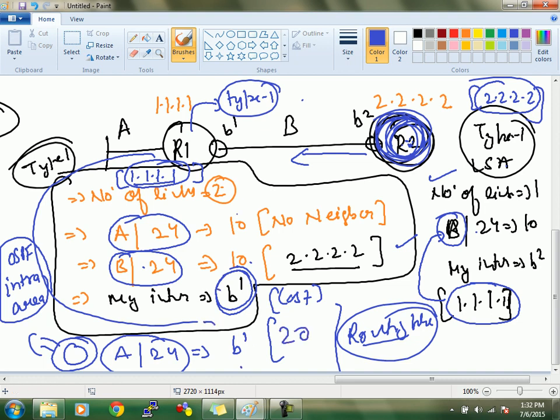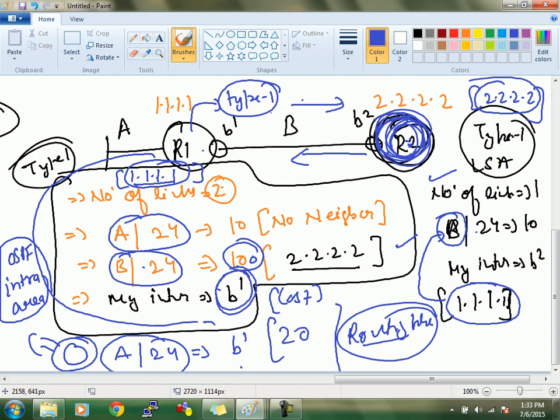But if R1 is forwarding the cost 100, will R2 prefer 100? No, never. Because cost is always added on the receiving interface. R2 is receiving the update.